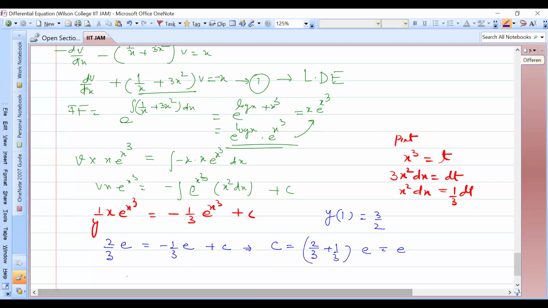So c is e. So 1 by y x e raised to x cube plus e. Agreed? Yes, sir. Okay. One sec. Let me check. Any other problem?